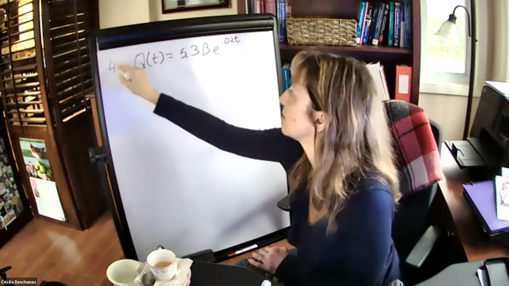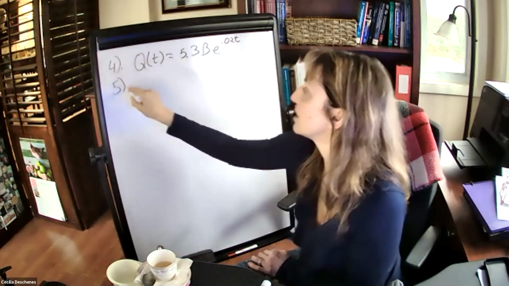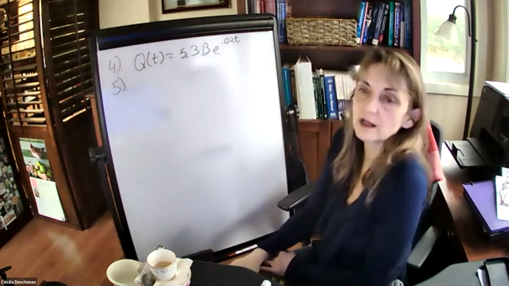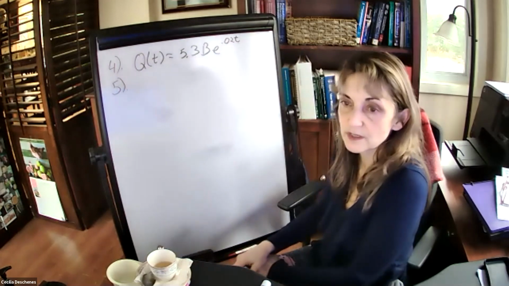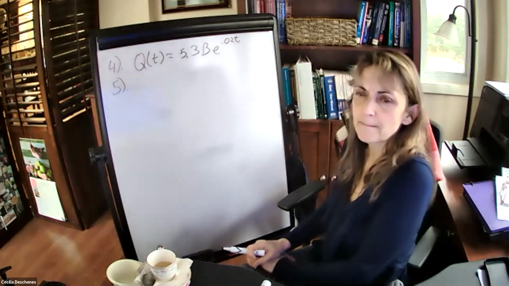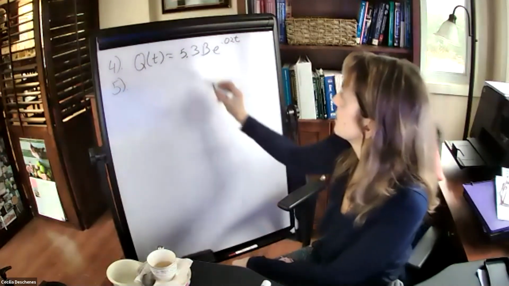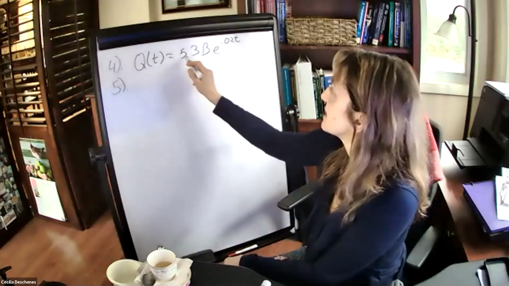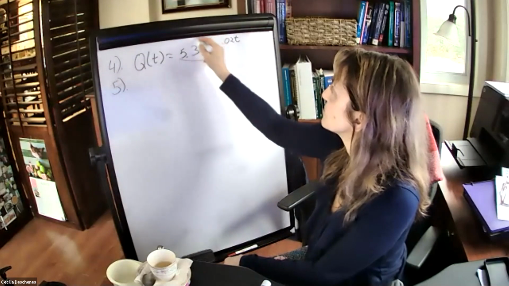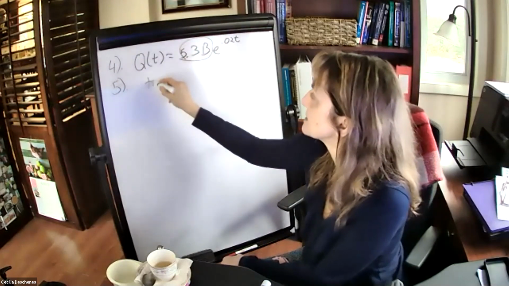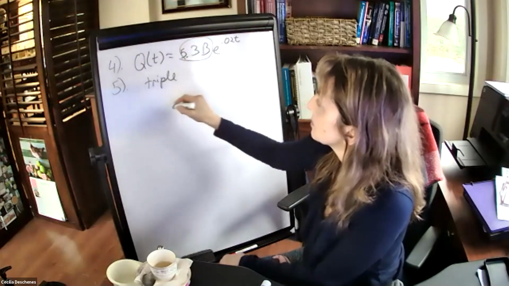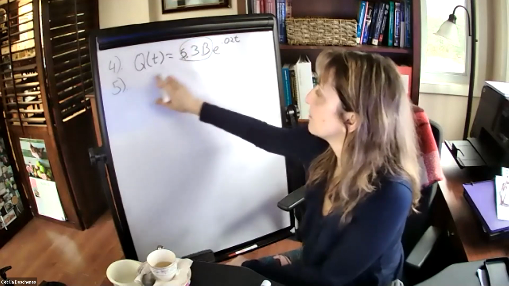So this was from problem 4. So for problem 5, we're told, assume this rate continues. Find the length of time required for the population to triple in size. So to triple in size, we have to go 3 times 5.3.